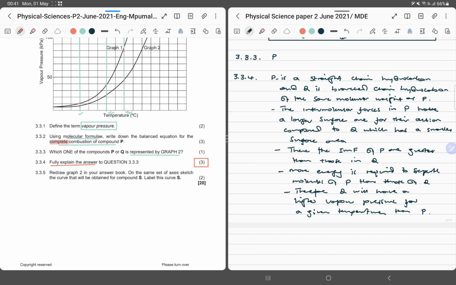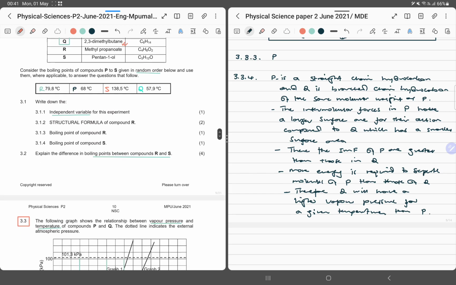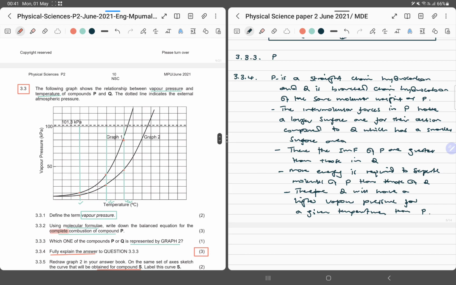So the question says now draw graph 2 in your answer book. On the same set of axes, sketch the curve that will be obtained for compound S. Now remember, compound S is an alcohol, so it will have a lower vapor pressure. So I'm going to draw it right here. Let's just take out all of these things now so that we can put a nice graph.